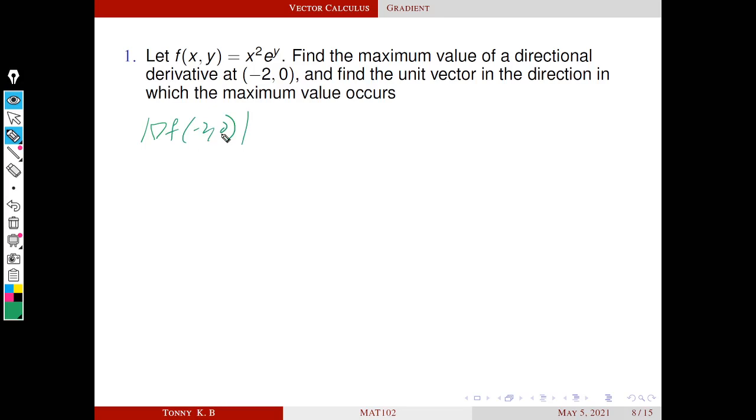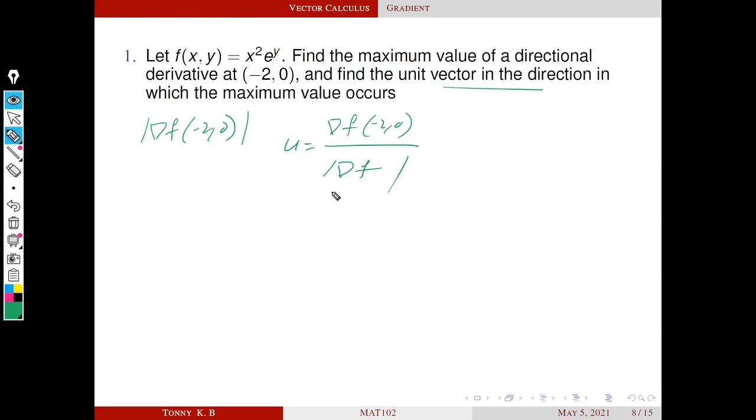The direction corresponding to this maximum rate of change is del f at this point. But we have to find the unit vector. In general del f need not be unit, so if it is not unit, we can easily find the unit vector by dividing by its modulus. So this is the concept behind this problem.